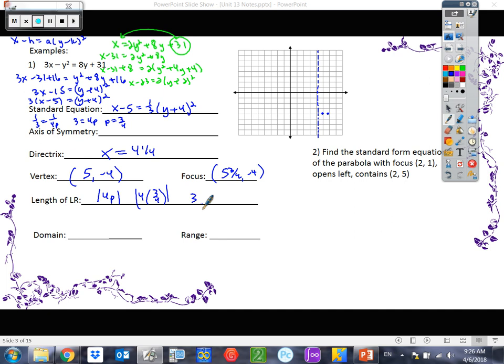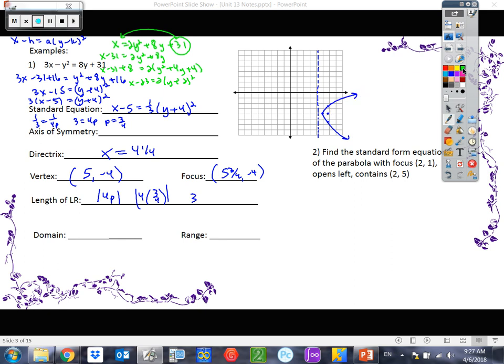Okay, so the total distance is 3. So that means I go to the focus, which is right here, and I go 1.5 spaces on either side. So 1.5, 1.5, and now I can actually draw the parabola more accurately. So it's going to come this way and that way.